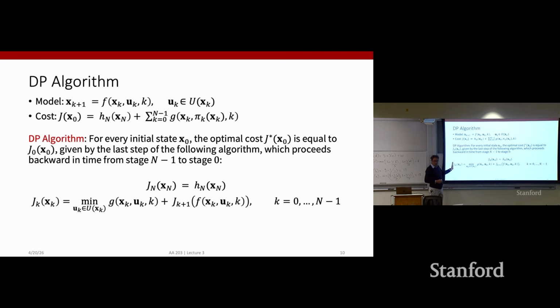At each iteration labeled by the time step k, you solve a minimization problem whereby you're trying to solve for a given state x of k, the optimal control, the best compromise between immediate cost and so-called cost to go, so the cost of the truncated problem. And as you can tell, this is very simple to implement conceptually.